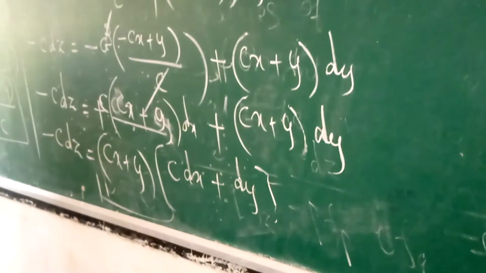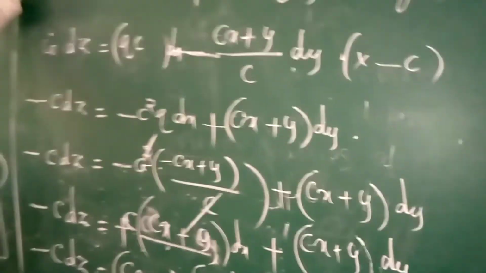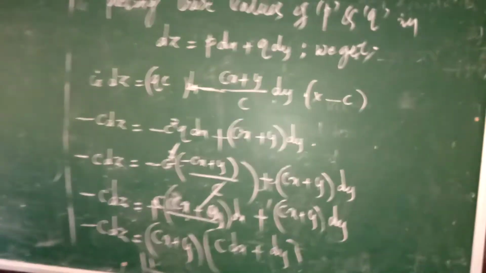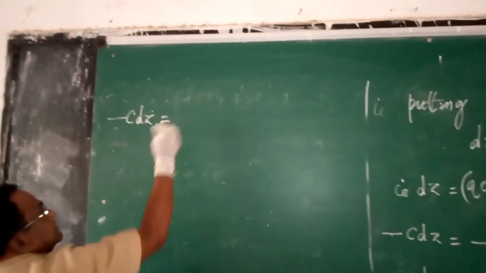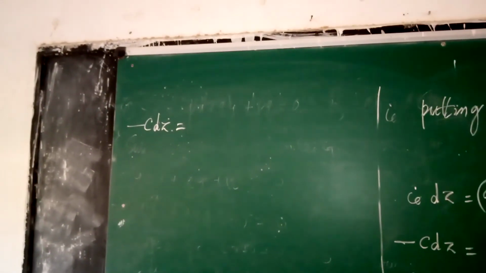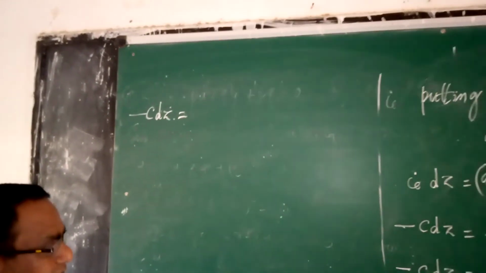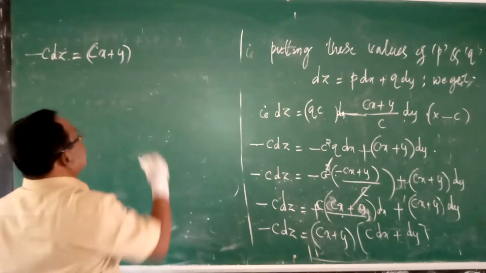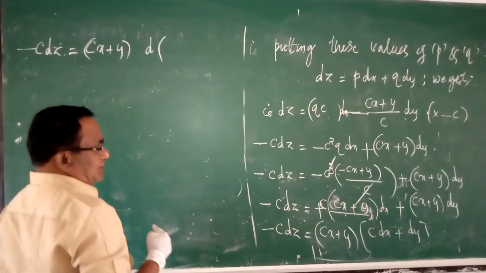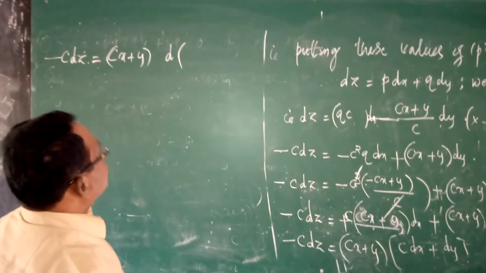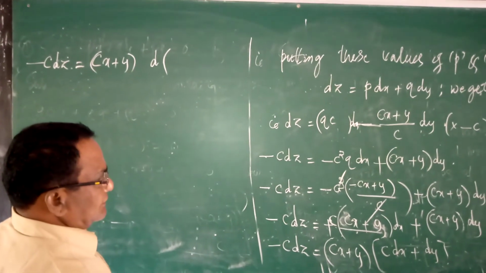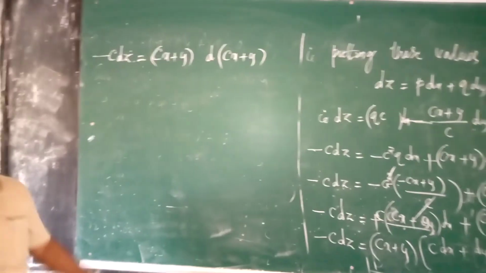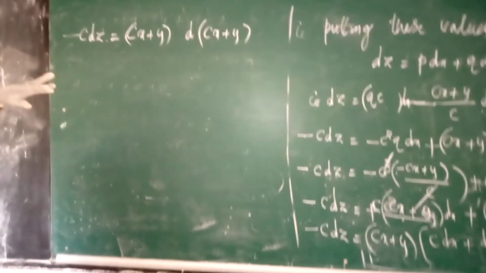Minus C into dz, write it as it is, is equal to Cx plus Y into C into dx plus dy, which is the differentiation of Cx plus Y. What is the differentiation of Cx plus Y?